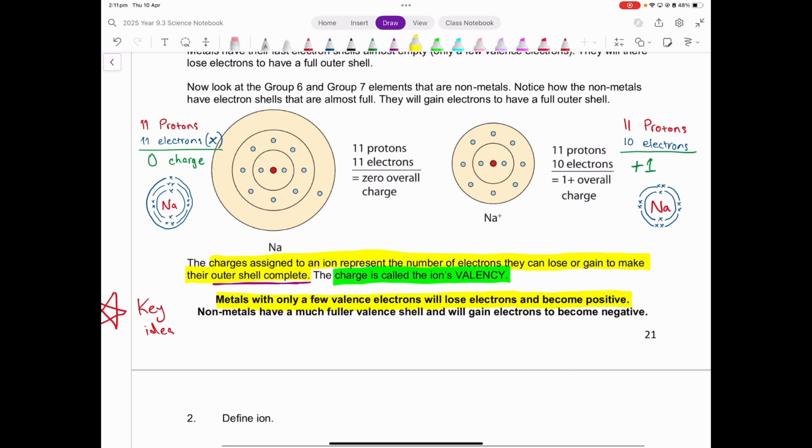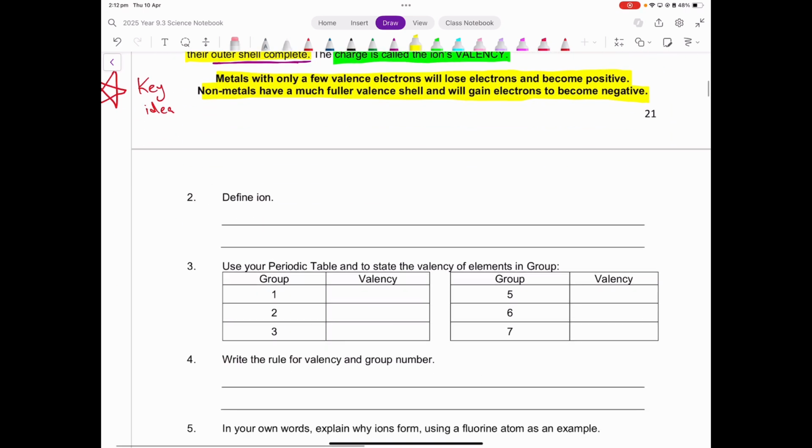So when you see a metal, it is going to be positive. And when you see a non-metal, they gain electrons, and so they become negative. So metals are positive, non-metals are negative. Is that why metals are conductive? Correct.